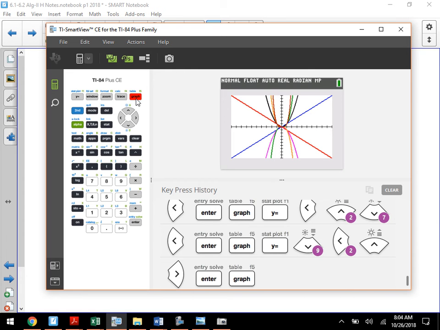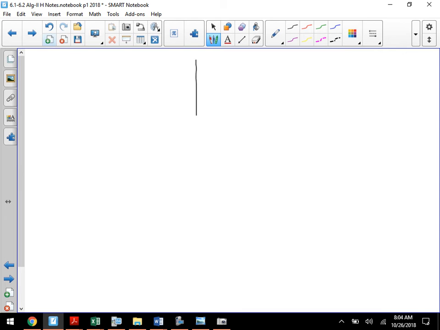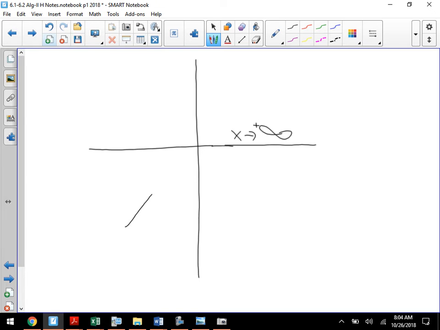So what I'm getting at here is your tails, as x gets larger, as x approaches positive infinity. For y equals x, as x gets larger, what does y do?